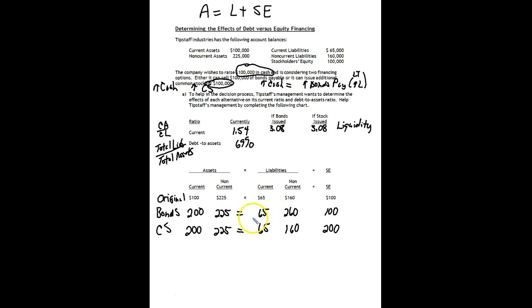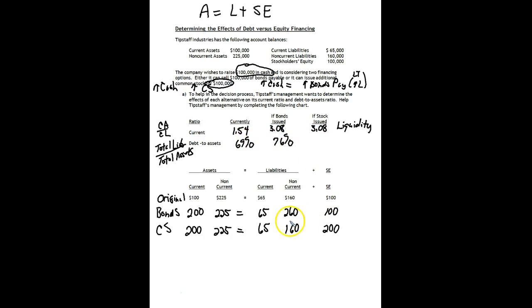If I issue bonds, my liabilities will grow. So if I add these 2 up and divide by total assets of 425, you should get something like 76%. And that makes sense because we borrowed money. We issued bonds, we borrowed more money, so we're financing more heavily with debt than originally.